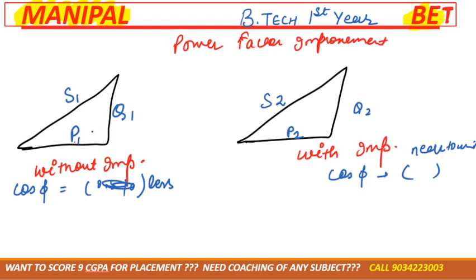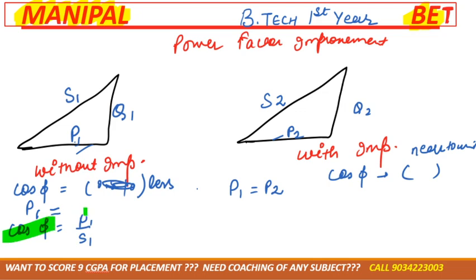So in this case power is always given, maybe directly or maybe indirectly, and P1 is always equal to P2. Okay, whatever power is here will be the same here. Cos phi they must have given. The cos phi formula is P1 by S1. So we already know cos phi, that is given in the question. From here you can get S1, right?